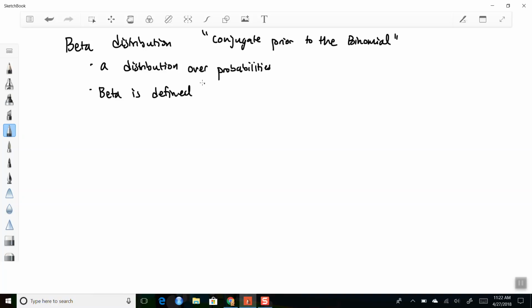Maybe these are square brackets. And the beta distribution will tell you what values of P, the probability, are likely or unlikely.